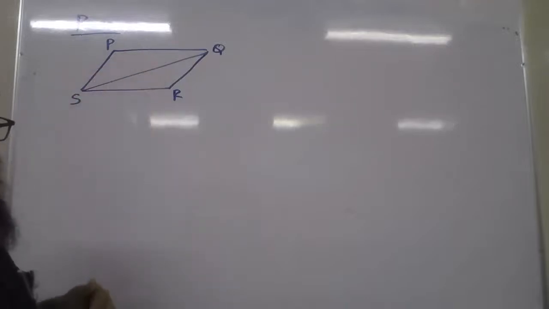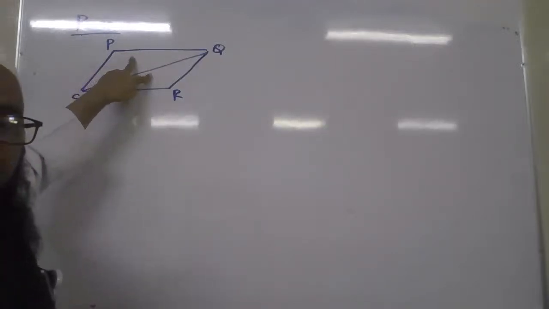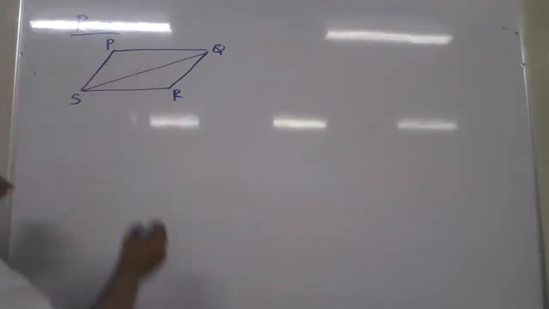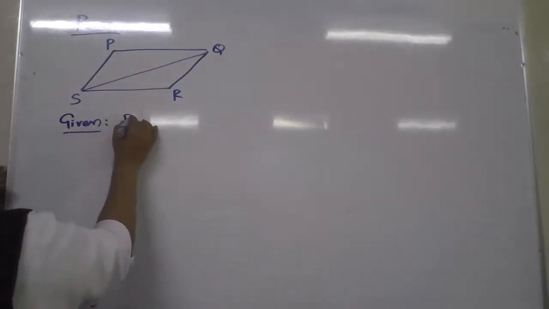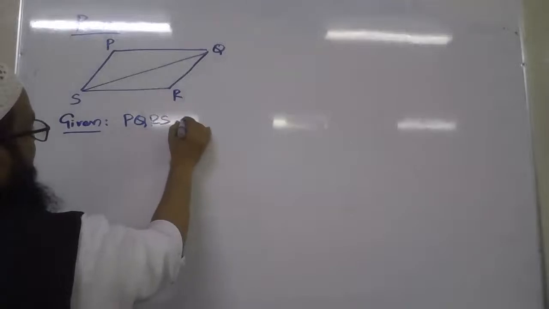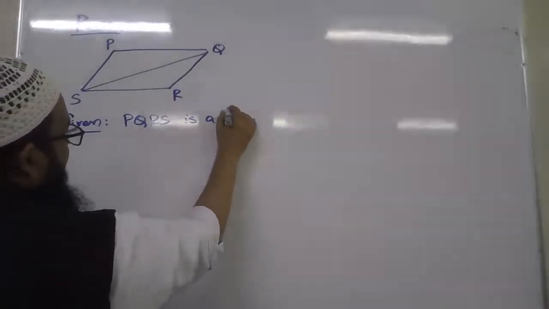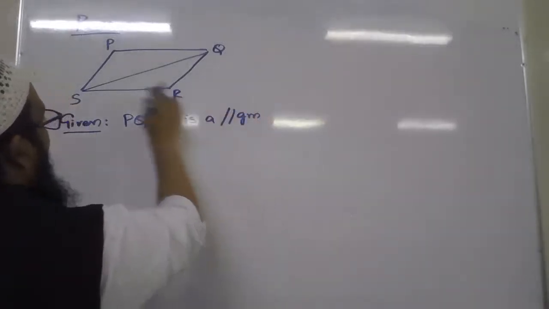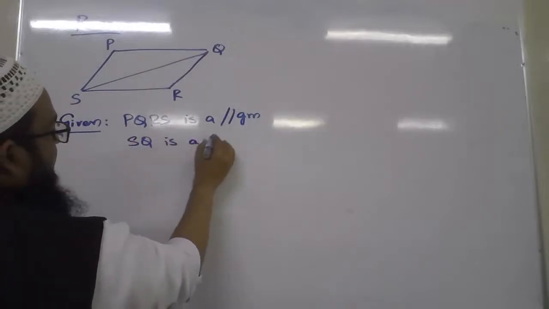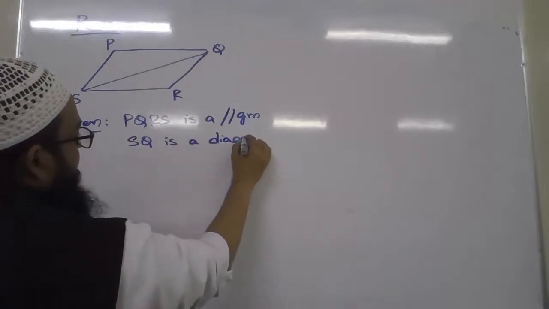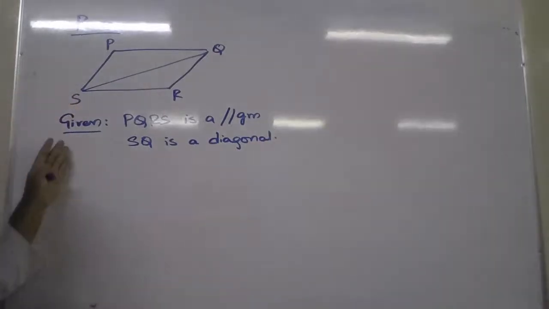Is it right? We have to show that these two triangles are congruent. So first write given. What is given? PQRS is a parallelogram, and SQ is a diagonal.